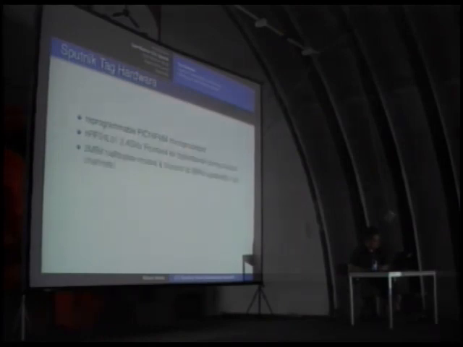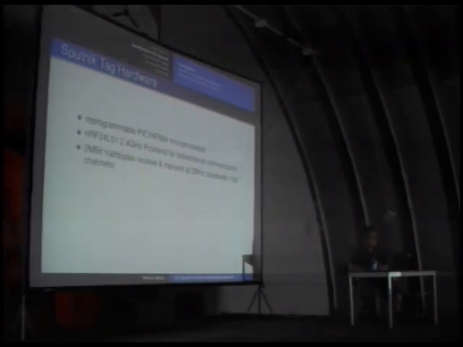We again use this NRF24L01 2.4 gigahertz front end from Nordic Semiconductors. This is really, really great. You have to read the data sheet. It's readable, and it provides basically all kind of communication functions you need in hardware. So, for example, it provides acknowledging services.